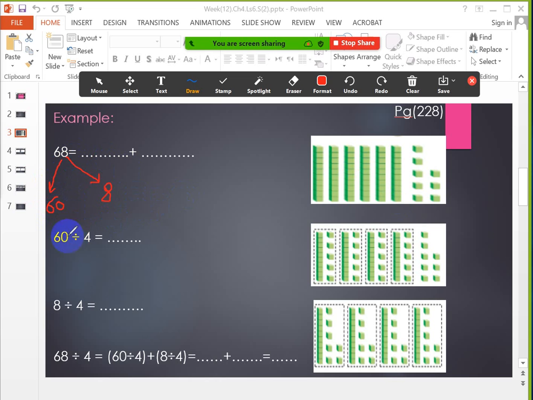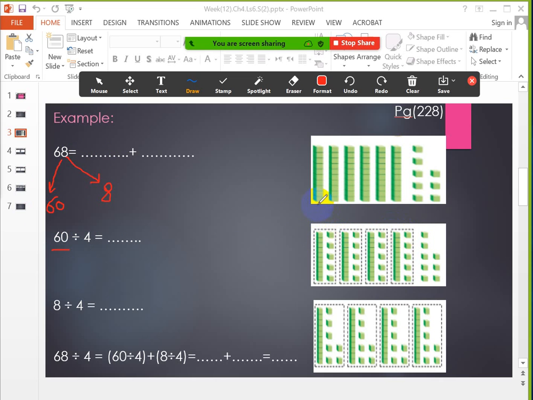First thing, dividing the first number, that means I have to divide the blocks here, the longs. 60 means I have 1, 2, 3, 4, 4 longs, each group will take 1.